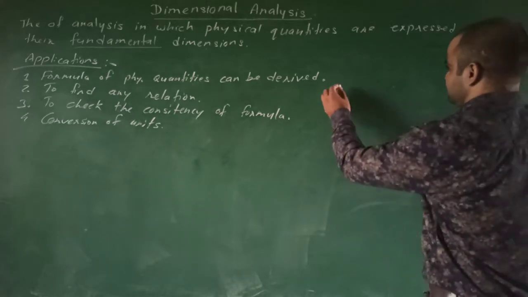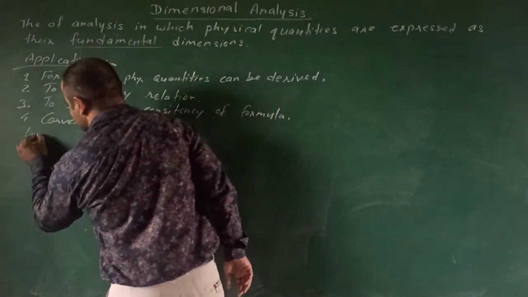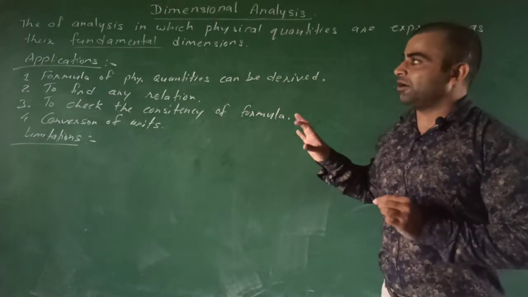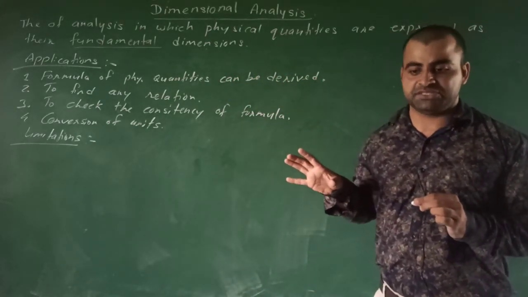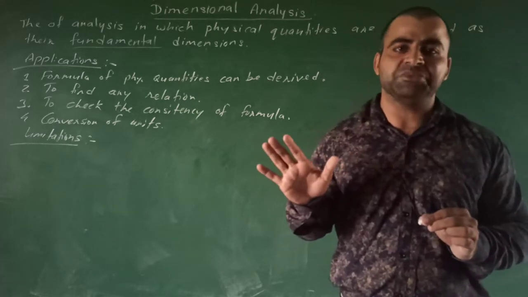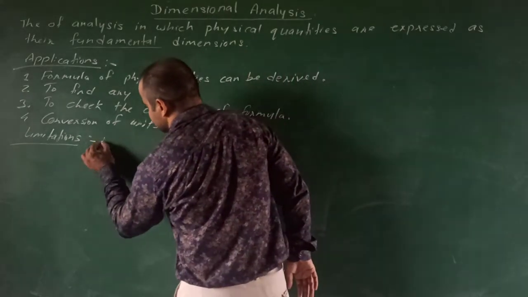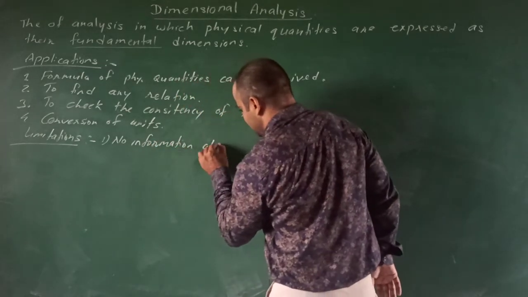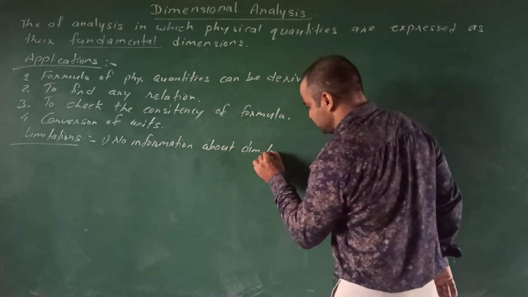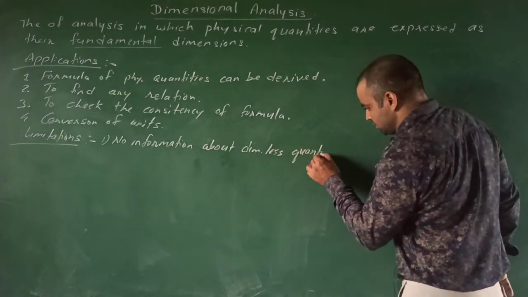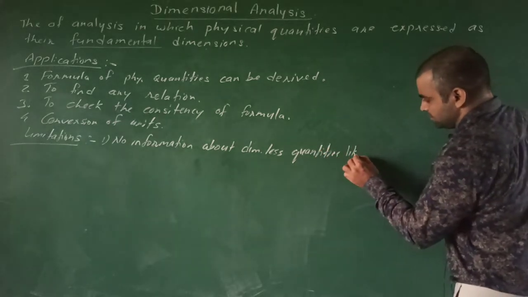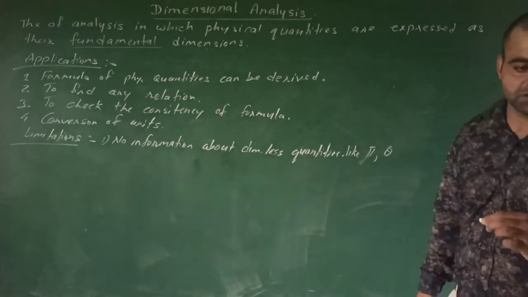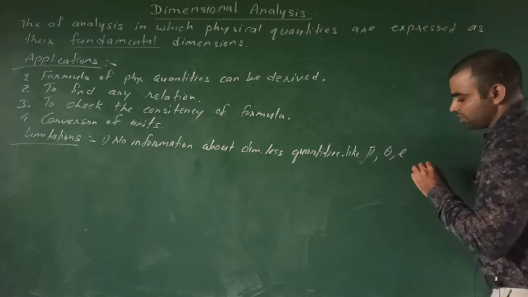Next, limitations. We cannot find out the dimension for dimensionless quantities, means no information about dimensionless quantities like pi, theta or any constant, that is epsilon in logarithm.